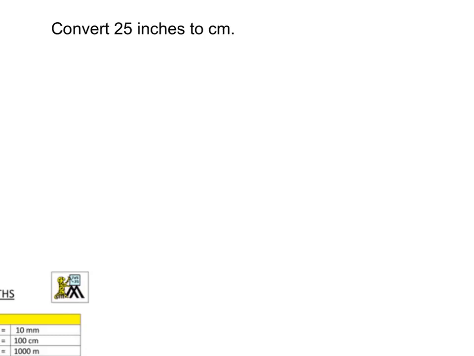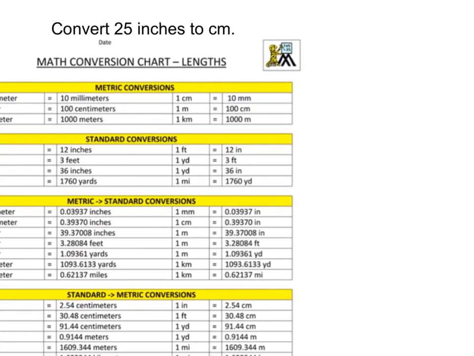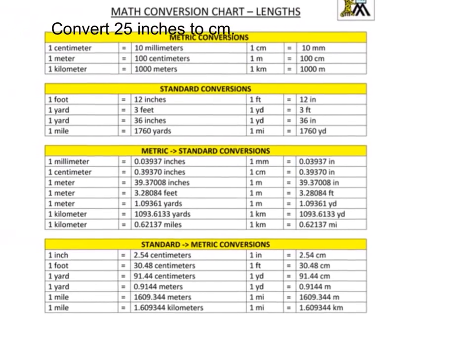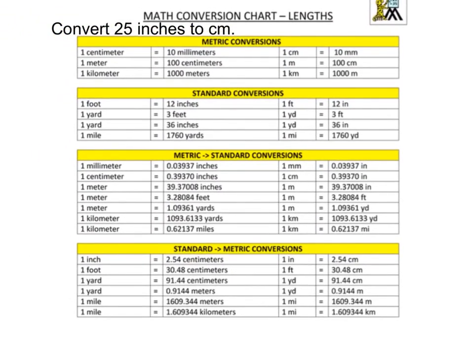So the first thing that I want to do here is I'm actually going to go to the table that we have. Let me pull this up here. And I want to look up the conversion factor for inches and centimeters.